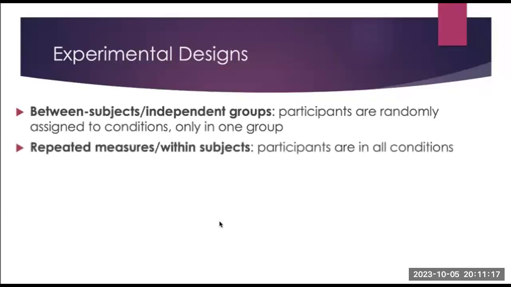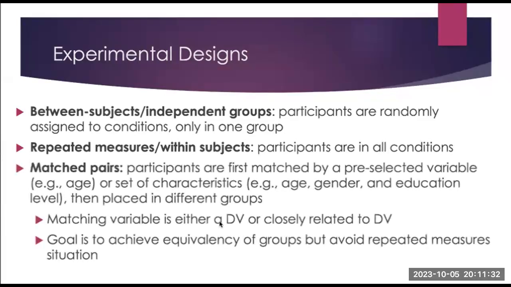In repeated measures, the participants are in all conditions, right? Because they have their measurement before any kind of violent TV is introduced, and they have a measurement after as well.